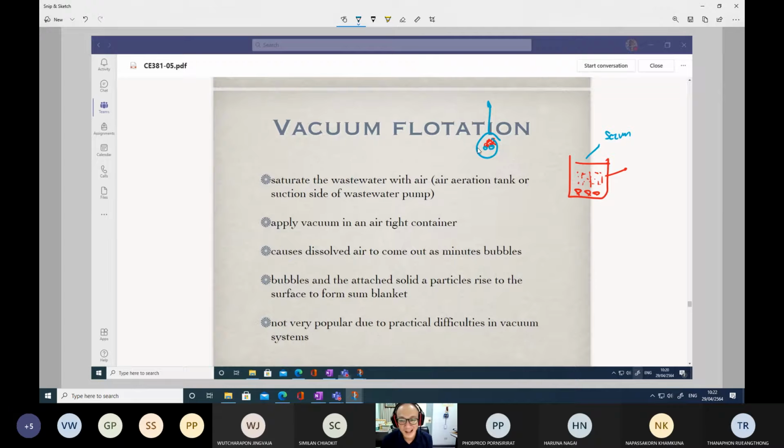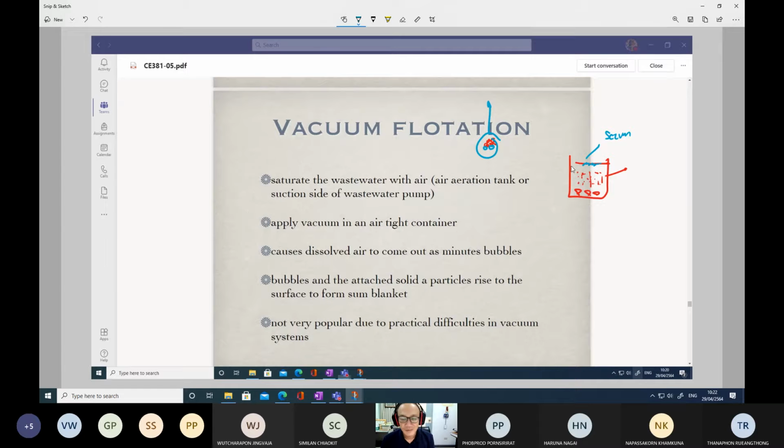It makes the overall density even lighter, so that it's easy to move up to the surface and become scum. That is why we can use the skimmer to remove them and push them into the trash collector.